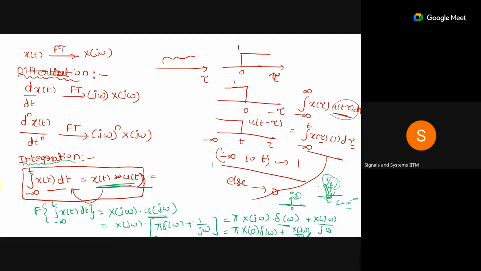This is a rectangle, so the area, epsilon into 1 by epsilon, will be 1. Yes, ma'am. Got it.